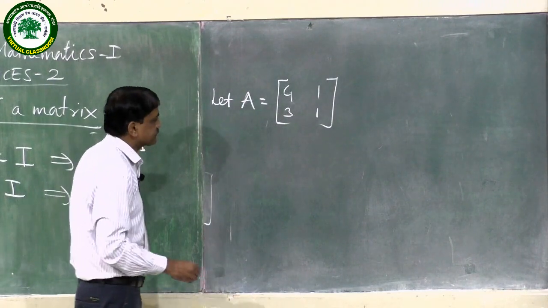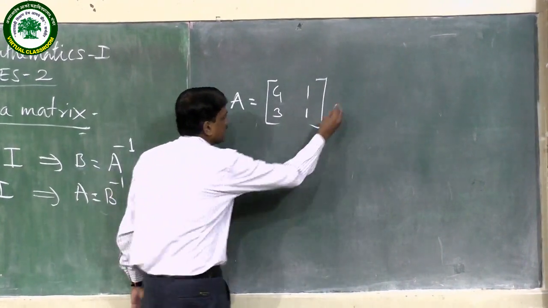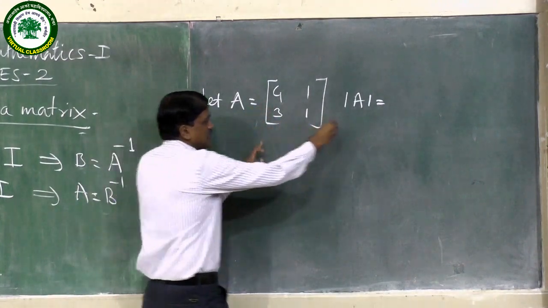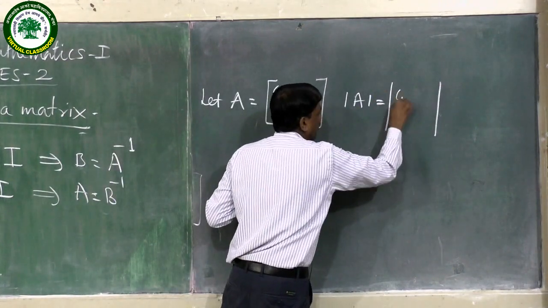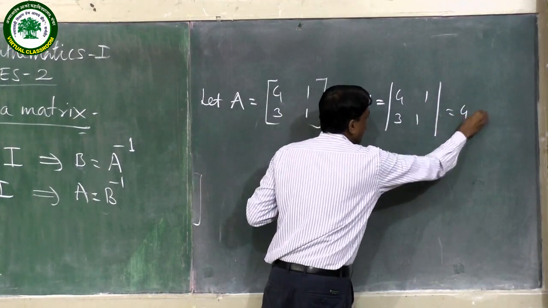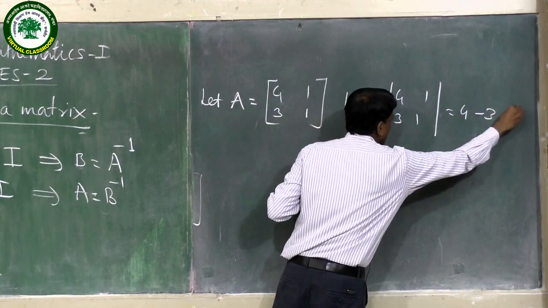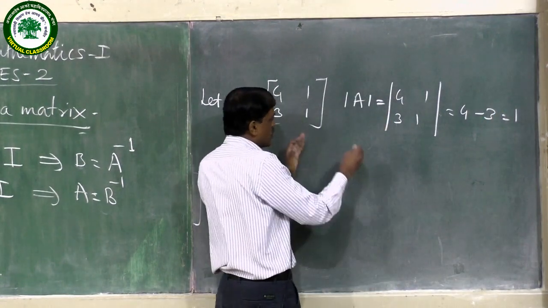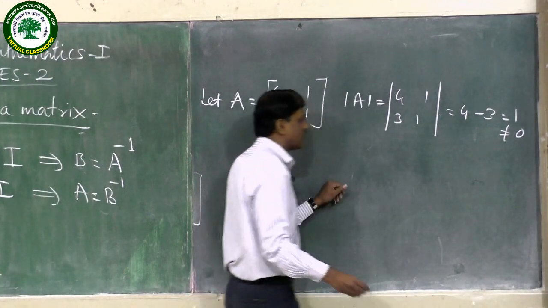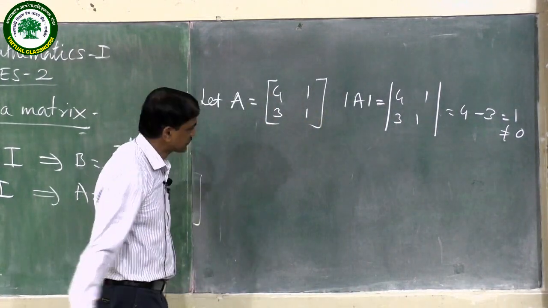Now, determinant A, it is determinant 4 1 3 1 is equal to 4 into 1 it is 4 minus 3 into 1 it is 3, 4 minus 3 it is 1. So determinant has value 1 which is non-zero, therefore A inverse exists.